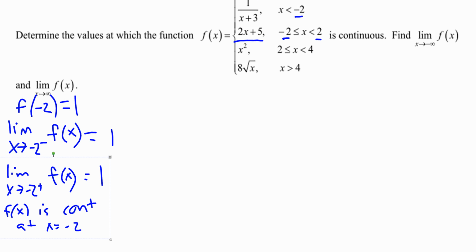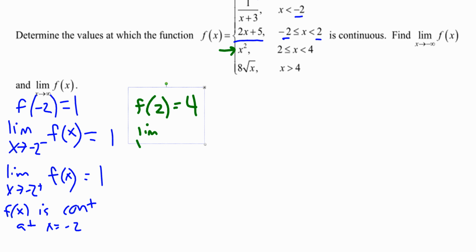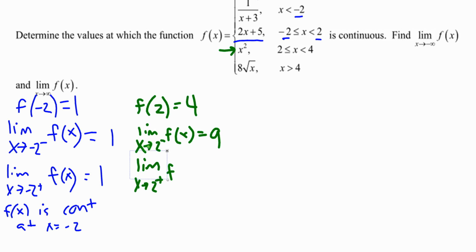Okay, let's check another point, f of 2. F of 2 is 4. I plugged it into this part. Limit as x approaches 2 of f of x. Let's say from the left, smaller than 2. That'll be 2 times 2 is 4 plus 5, 9. Limit as x approaches 2 from the right.